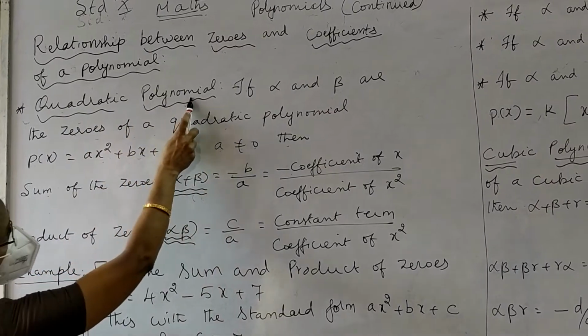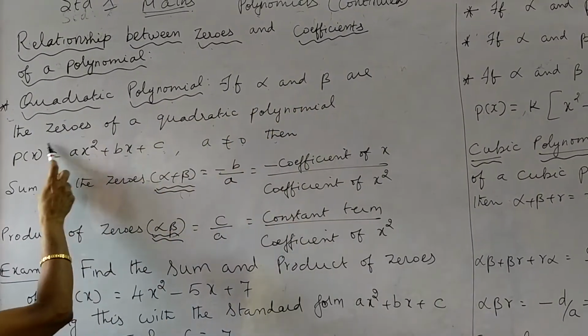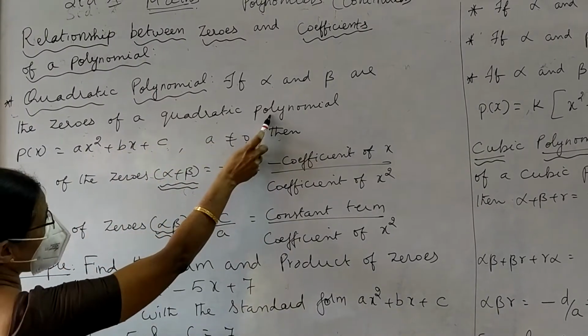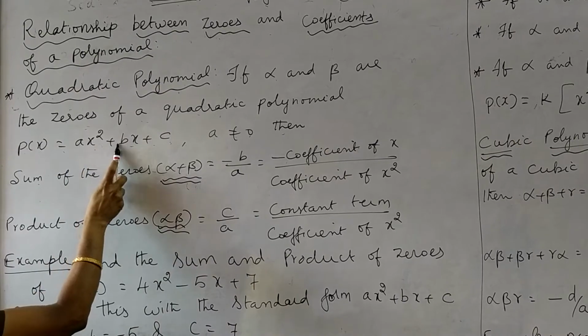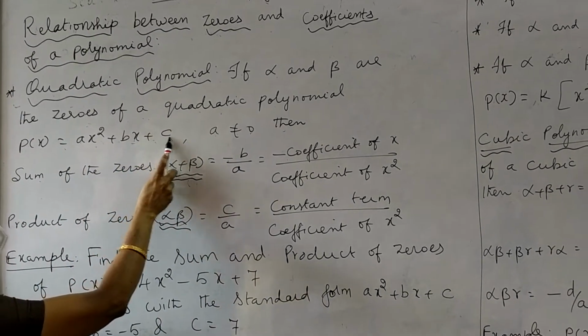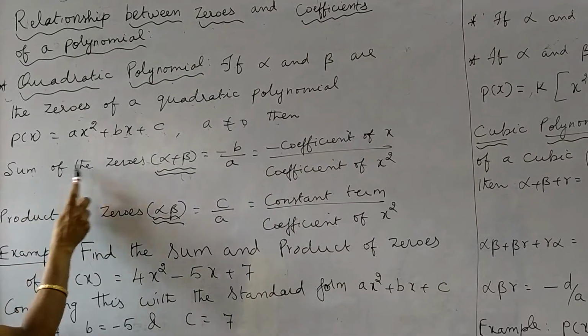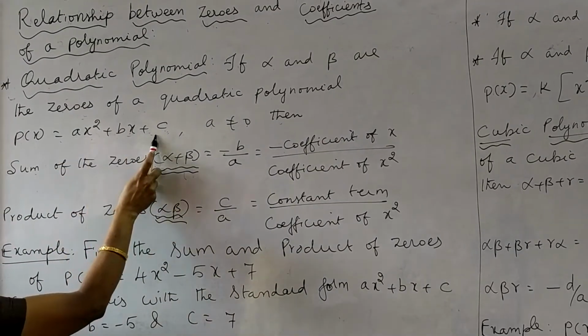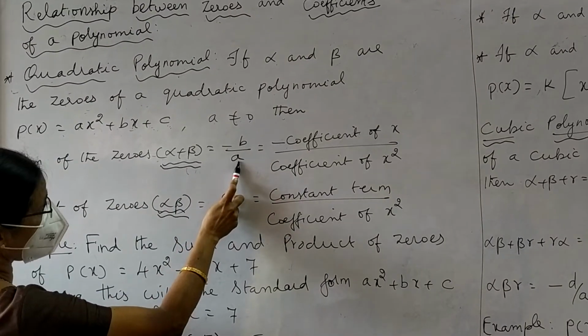Quadratic polynomial. That is, if alpha and beta are the zeros of a quadratic polynomial, p(x) equals ax square plus bx plus c, where a is not equal to 0, then the sum of the zeros of this polynomial is calculated using minus b upon a.